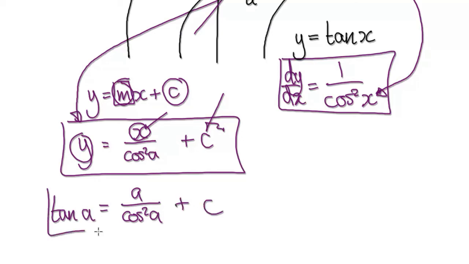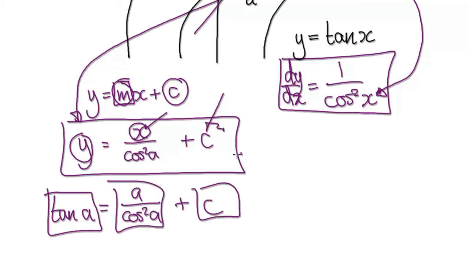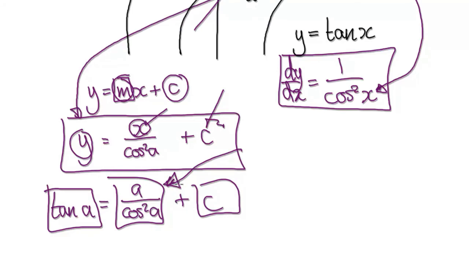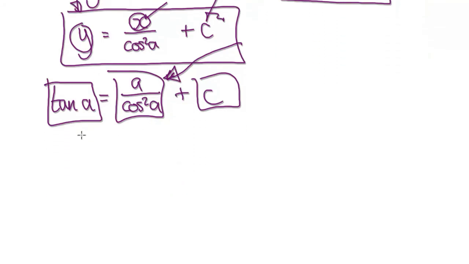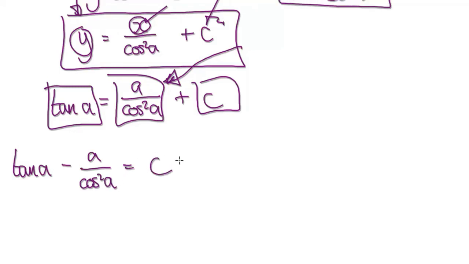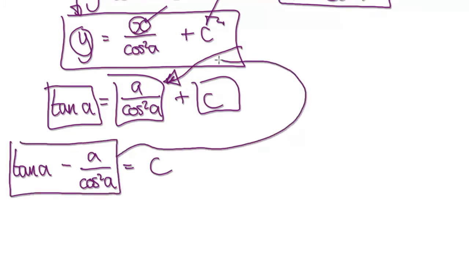At the moment you've got 3 blocks: 1, 2, 3. To get c on its own, just take away this whole complicated block here. So c would be tan a minus a over cos squared a equals c. So our intercept is this whole thing here. We can now put this back into the c.